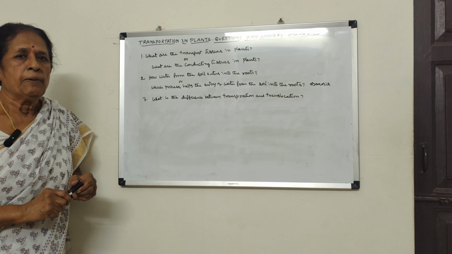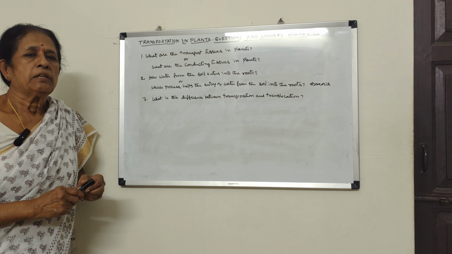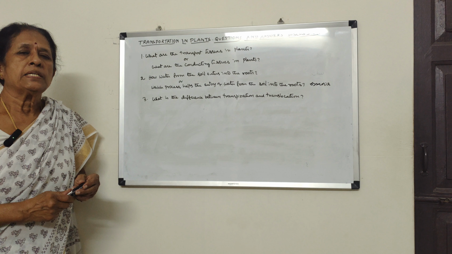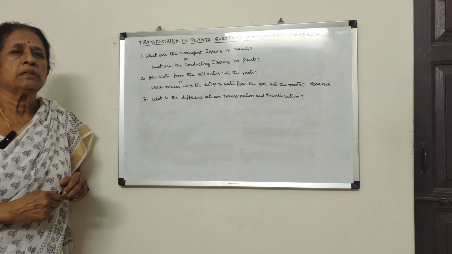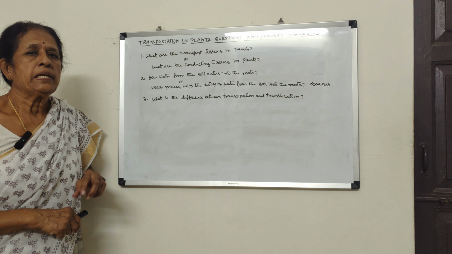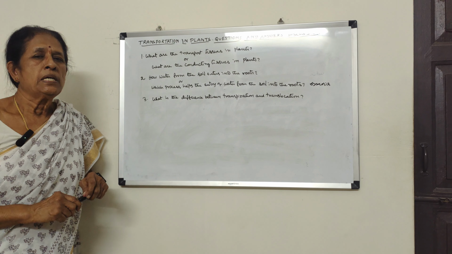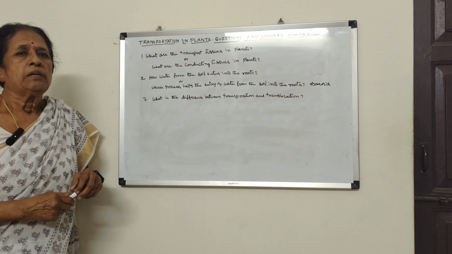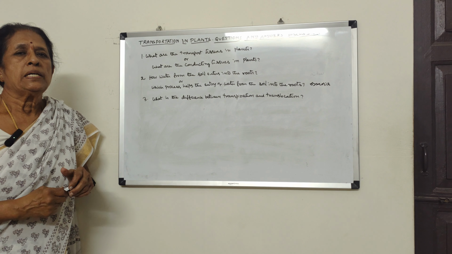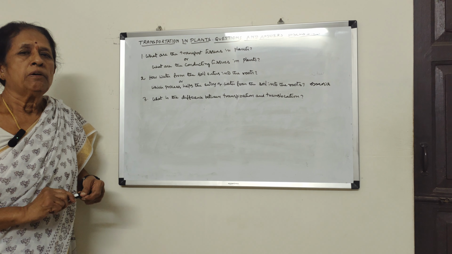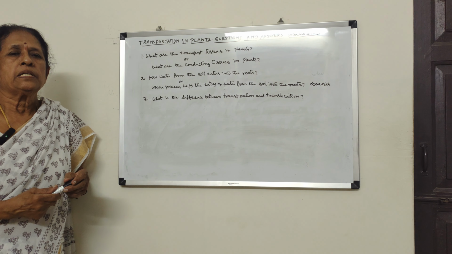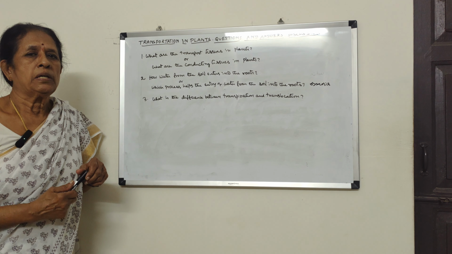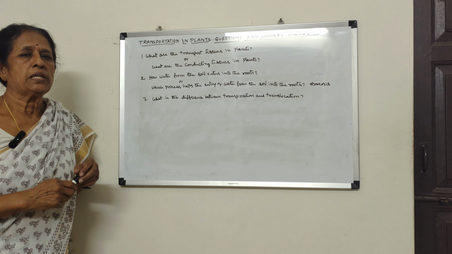In the same way, transpiration is another process which helps in maintaining a continuous water column in the xylem vessels. You know what is meant by transpiration? Through stomata, water escapes in the form of vapor. So transpiration helps keep the water moving upward without breaking the water column.